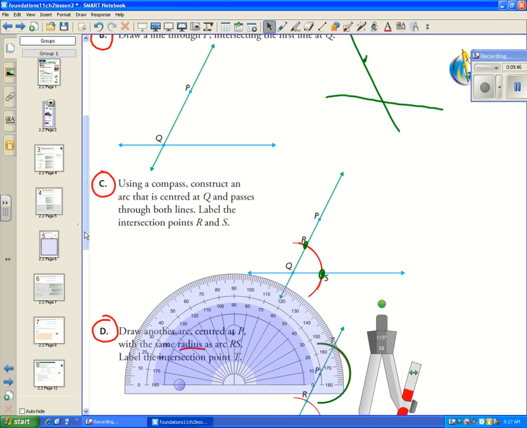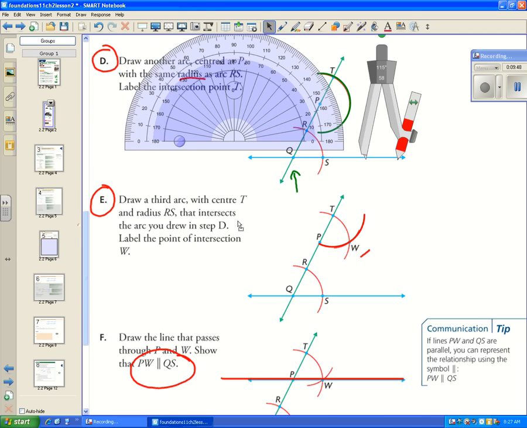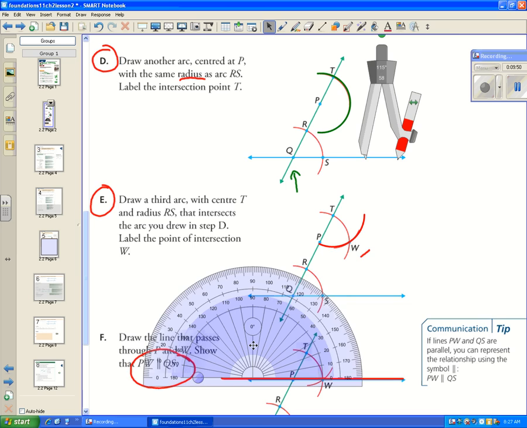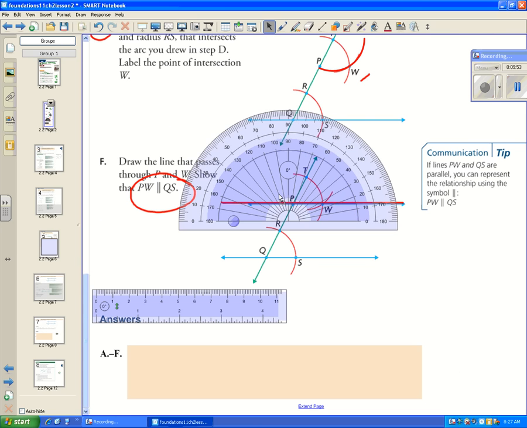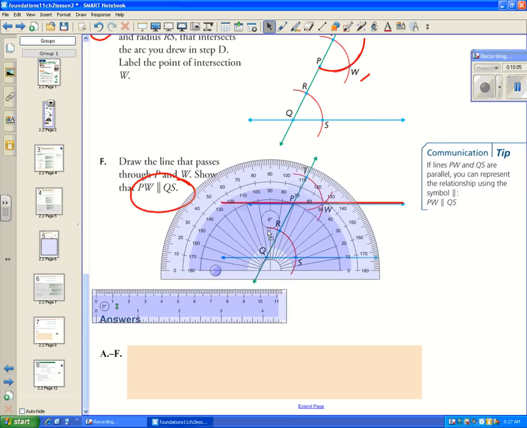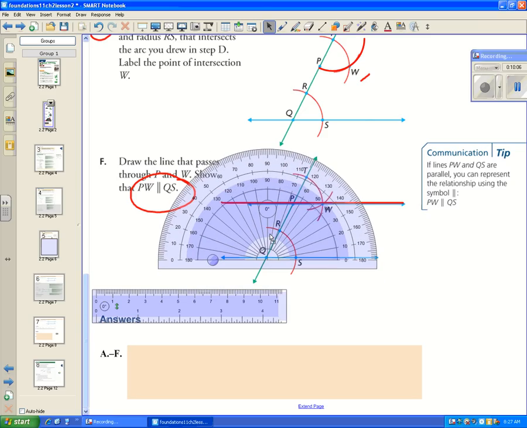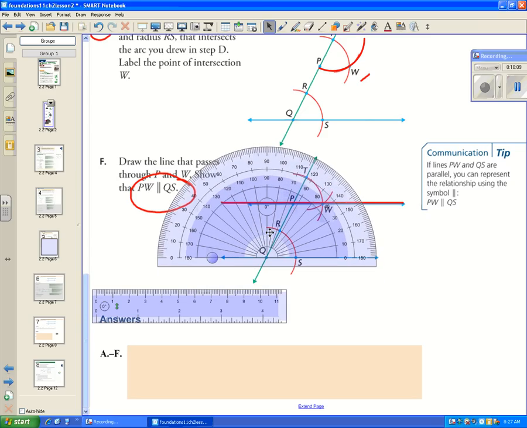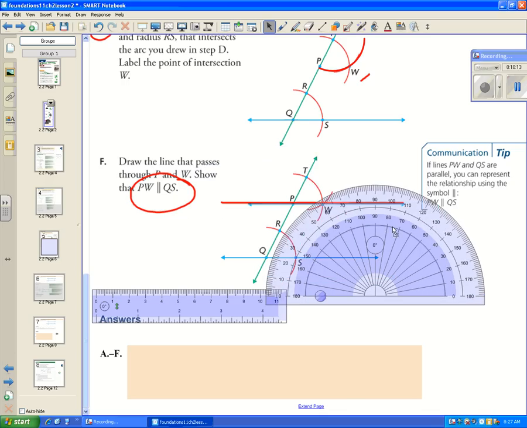We're going to actually measure some of the corresponding angles, because if those corresponding angles were equal, then we would know that these lines are parallel. I'm going to line up right here, and I see that this is just over 60 degrees, and you guys will be much more exact than I just was. And this corresponding angle is also just over 60 degrees. Very good.